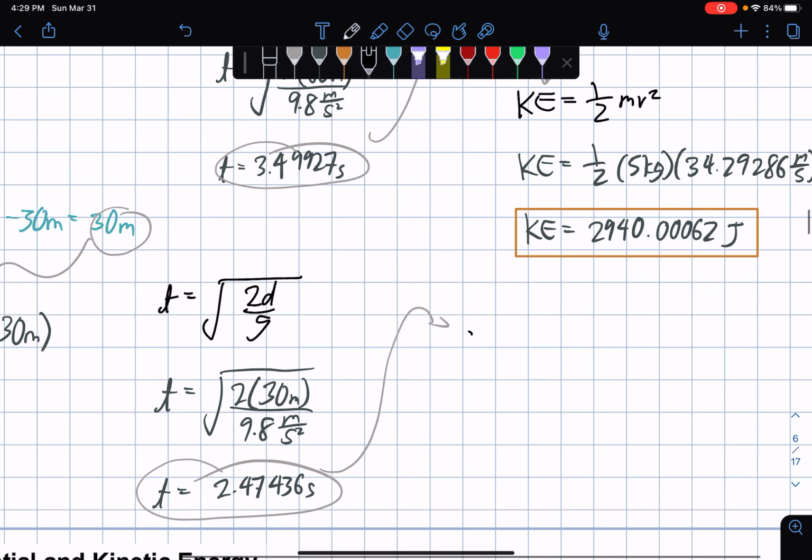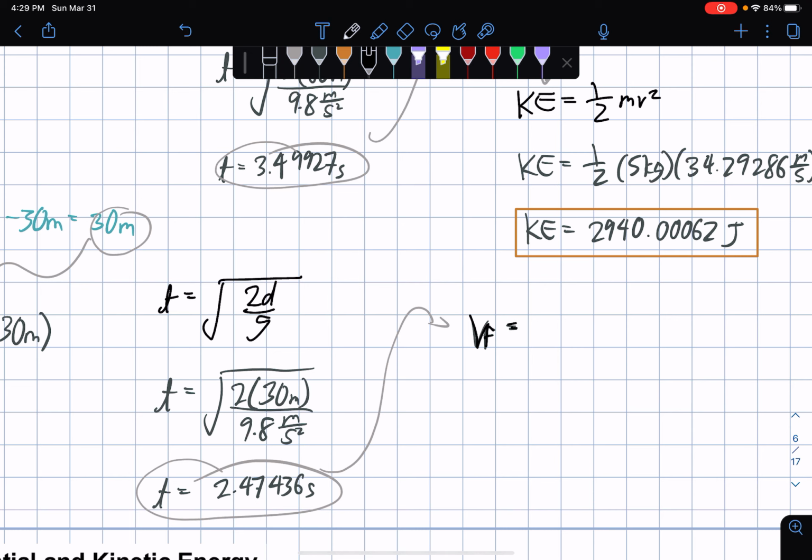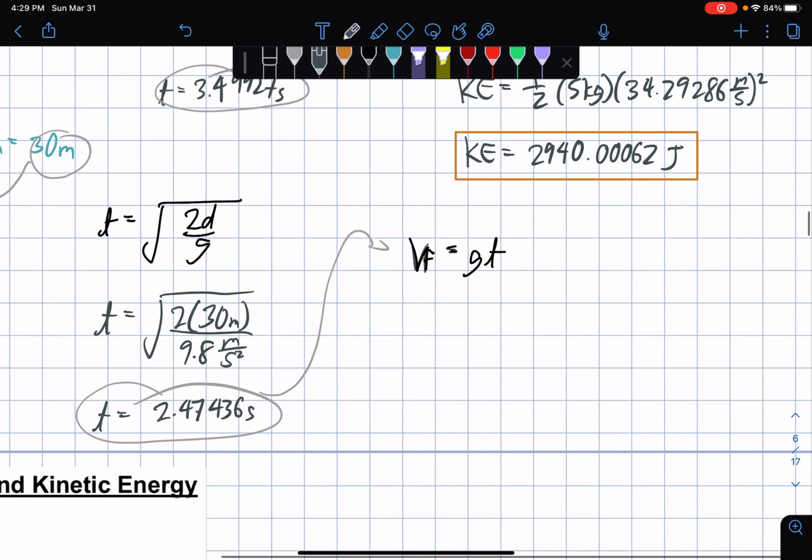Now, let's use this formula to look for the VF. Or yes, we don't have to write that. We could just write the shortcut, the derived version. We know that VI is 0, so we don't add that anymore in the final writing of the formula. 9.8, and the time is 2.47436 seconds.